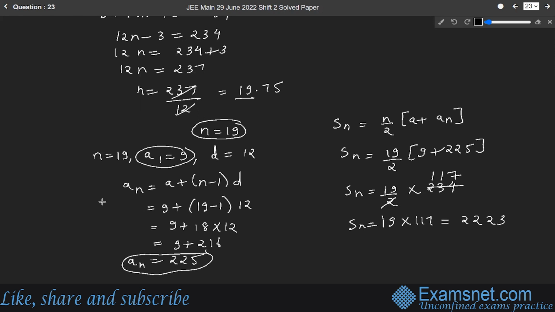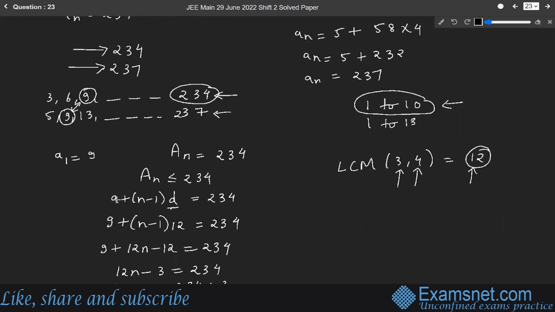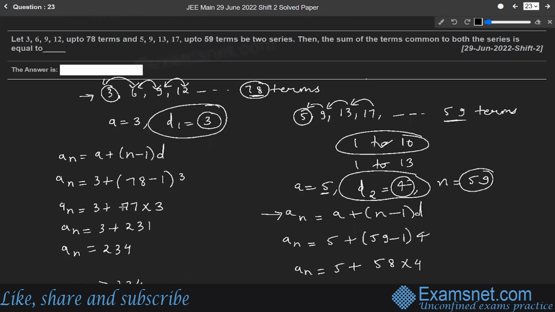Remember that whenever we find the common terms for both the series, the common difference will also be the same. How will we find the common difference? We will just take the LCM of the common difference of the first series and the common difference of the second series. So these are some basic concepts related to this type of question. I hope you are clear with this question. And for this question, the correct answer is 2223.